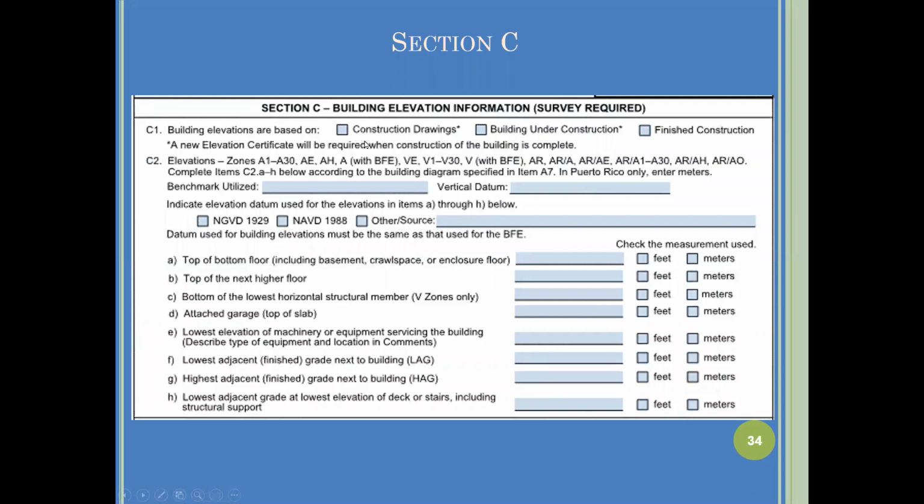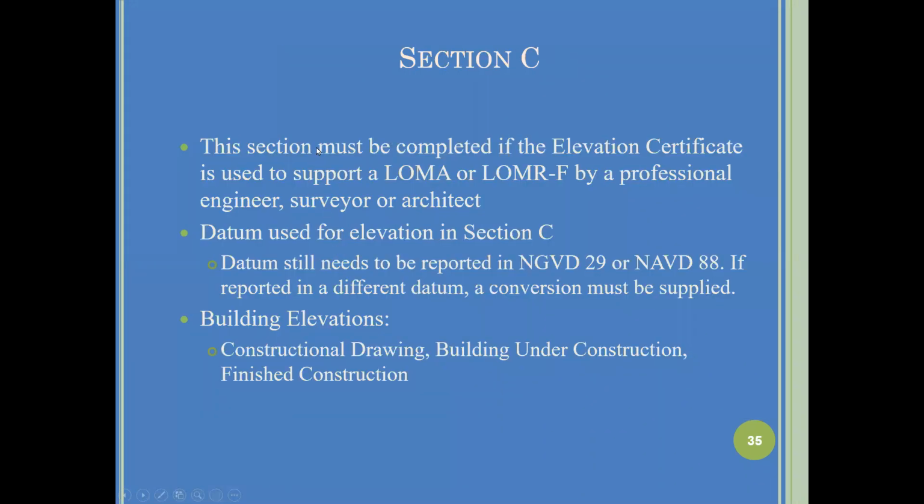Section C has information on the building itself. It has the top of the lowest floor, top of the next highest floor, other information. This section must be completed by a professional engineer, surveyor, or architect. The datum used for the elevation in section C needs to be reported in NGVD or NAVD.